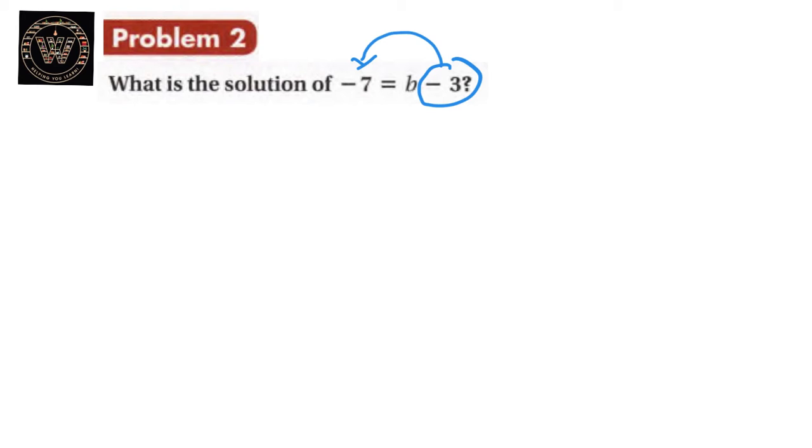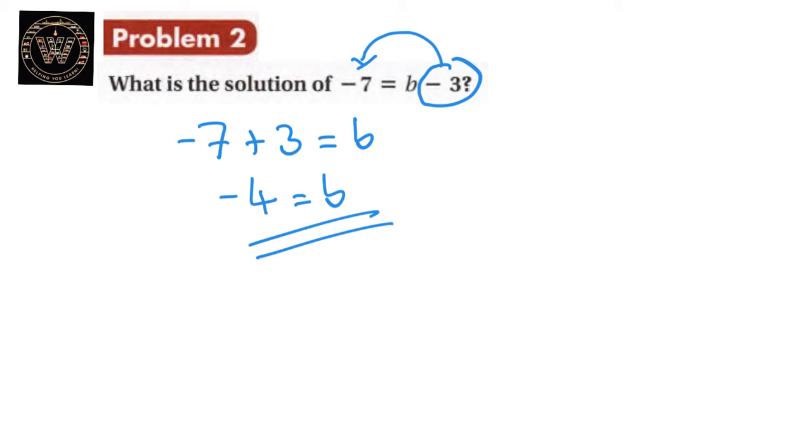What will it become? Minus 3 will become plus 3. So how will our new equation look? Minus 7 plus 3 is equal to b. And minus 7 plus 3 is negative 4, equal to b. So this is the solution of the equation.